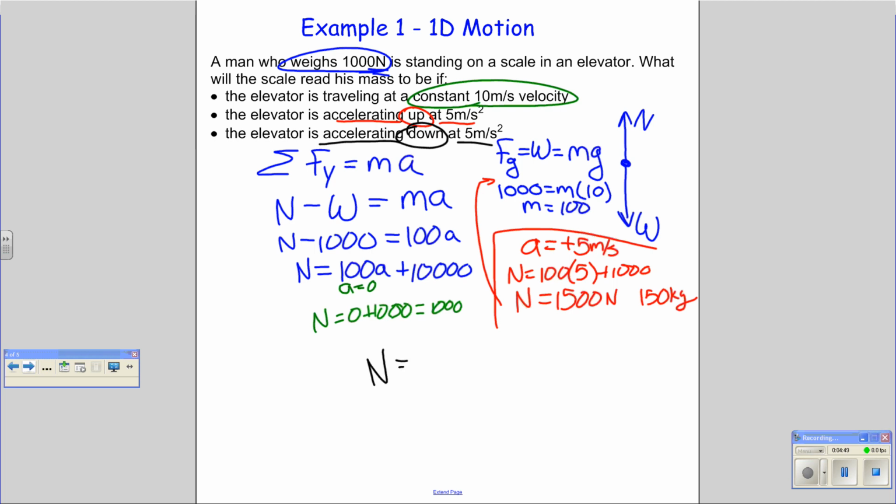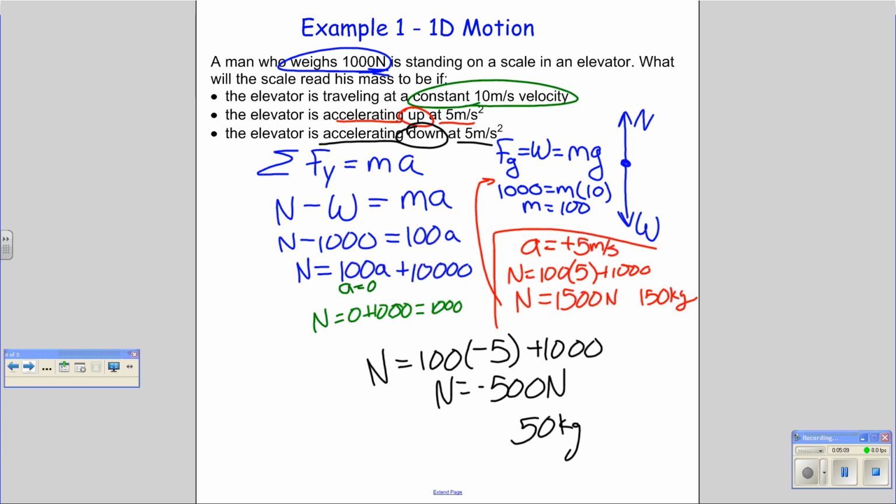So n equals 100 times negative 5 plus 1,000. So that's negative 500 plus 1,000. So n equals 500 newtons, or 50 kilograms. So if you want to weigh less, stand on a scale in an elevator and have it accelerate down. Not up, because up you'd weigh more, and that would be sad.